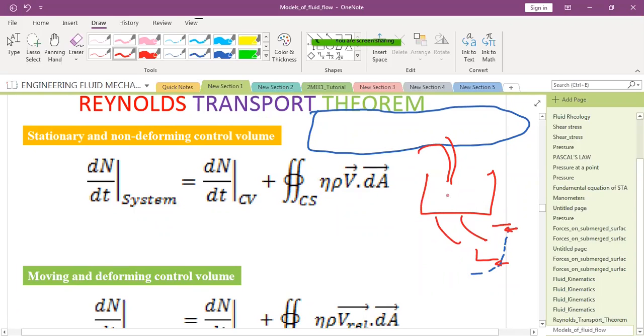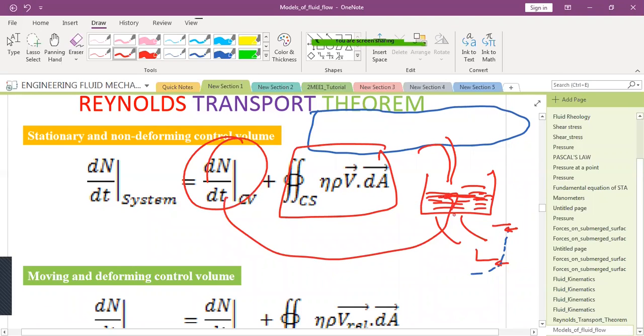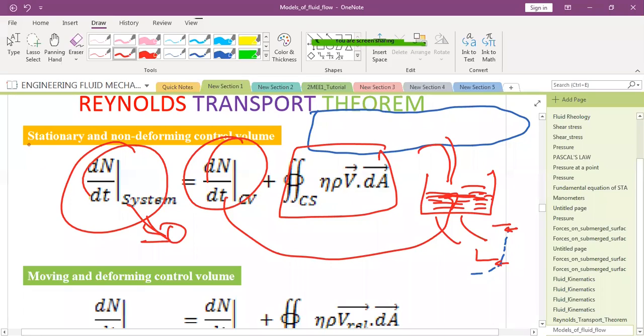So this something coming in, something going out represents this term. And the rate at which the fluid is increasing is represented by this term. And this term is zero because mass is conserved as far as classical mechanics is concerned. So this equation is equivalently valid for mass, momentum, energy. Clear? Any doubts?